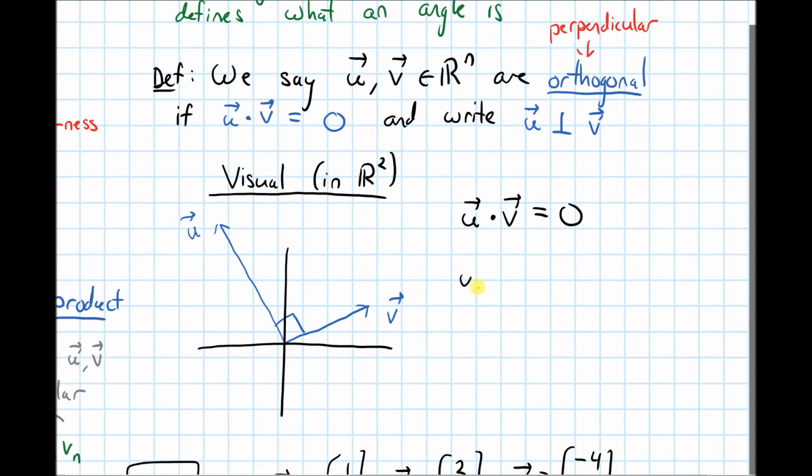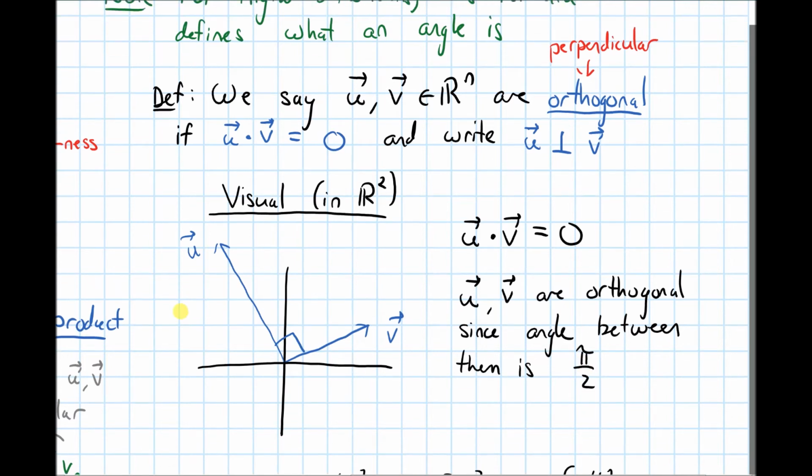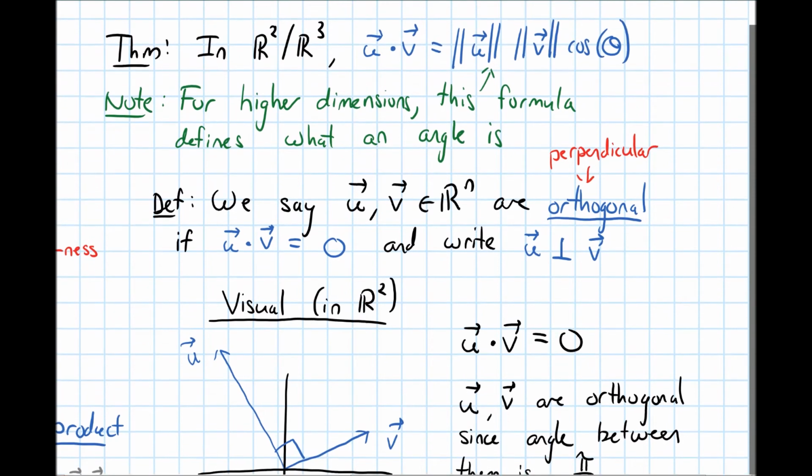So u and v are orthogonal since, just geometrically, the angle between them is 90 degrees, or in radians is pi over 2. And why this matches up with the theorem that we had shown up here is, if the angle between the two vectors is pi over 2, let's think about what this cosine will be.